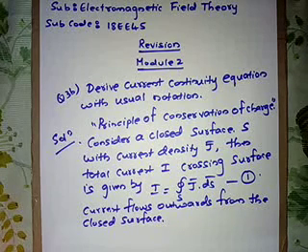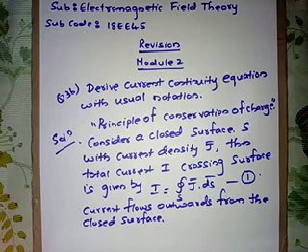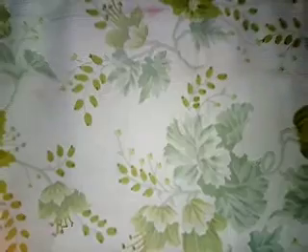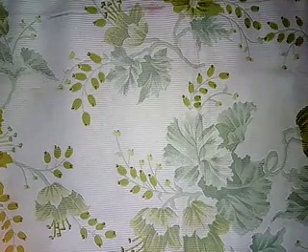So the amount of flux flowing out from the closed surface is equal to the decrease in the flux inside the closed surface, is it not? The amount of flux flowing out from the closed surface is equal to the decrease in the amount of charge inside the closed surface, right? This is according to the principle of conservation of charge.